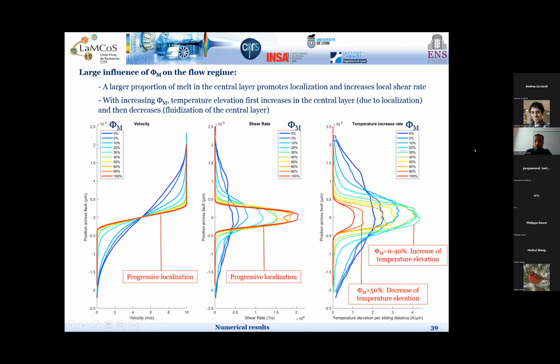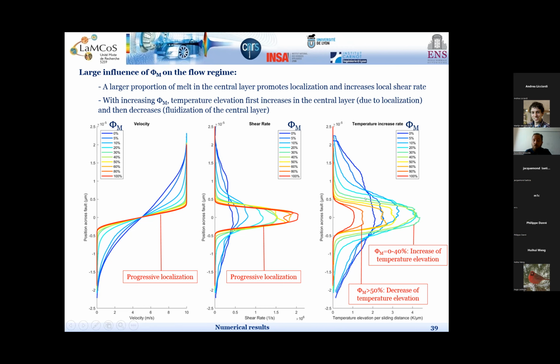In terms of temperature increase, this is very interesting because when we first localize the shearing, that is when we first tend to increase locally the shear rate, of course the temperature increases as well because we are narrowing the area where heat is created. But then when we keep increasing the proportion of melt, this temperature decreases again.